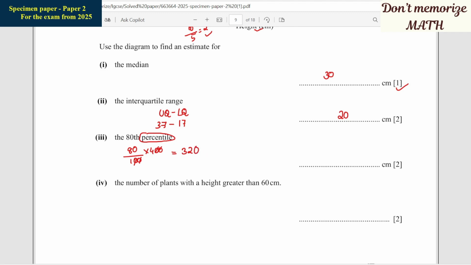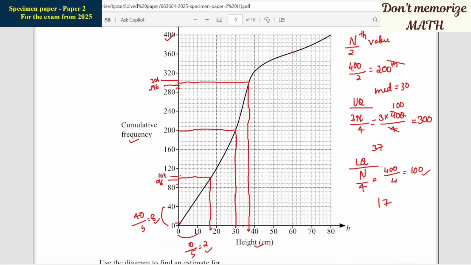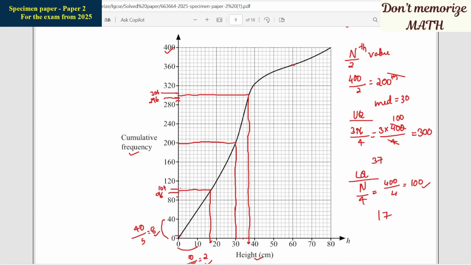Okay, so find the corresponding value from the x-axis to find the height. For the 80th percentile, we got 320. We have exactly 320. Thank God. So from there, use a ruler and pencil and draw a line. See here, it is not touching the dotted line.